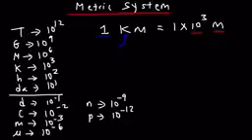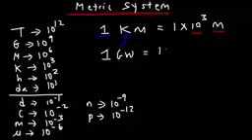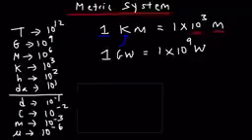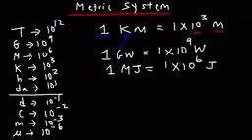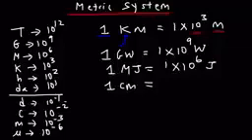So let me give you some examples. 1 gigawatt is equal to 1 times 10 to the 9 watts. Let me remove this. Hopefully you wrote that down. A megajoule is equal to 1 times 10 to the 6 joules. 1 centimeter, centi is 10 to the minus 2, so 1 centimeter is going to be 1 times 10 to the minus 2 meters.